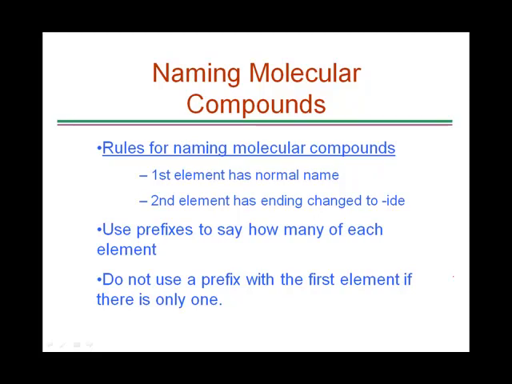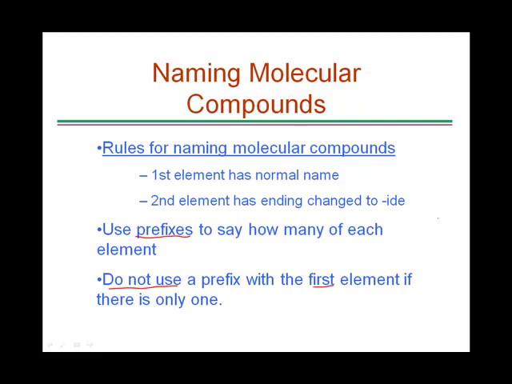Now, to denote a difference between a molecular compound or a covalent compound and an ionic compound is we use something called prefixes. Okay, so you need to know what a prefix is, and there's 10 of them I want you to know. Each prefix says how many of each element are in the compound. We do not use a prefix when the first element is only one.